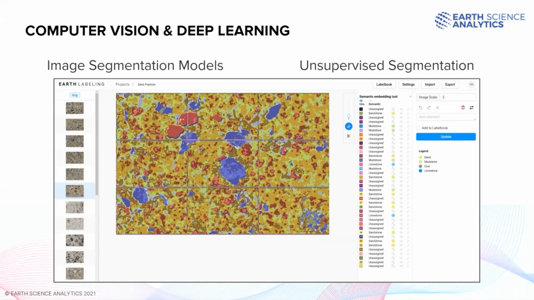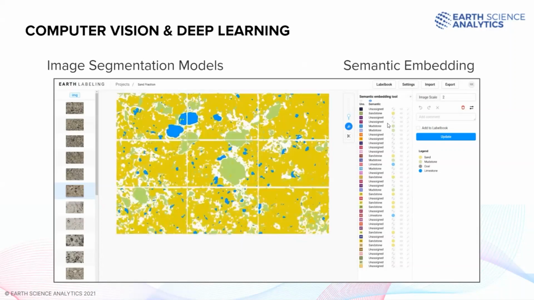That's when we need the semantic embedding. We get the legend up here for the indexes, and we assign each index color to the appropriate lithology or mineralogy class. And when that is done, we get an image like this.